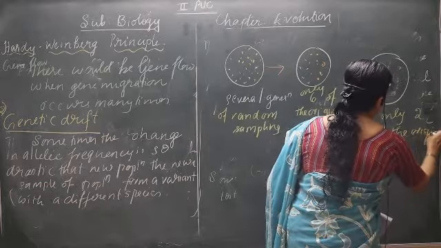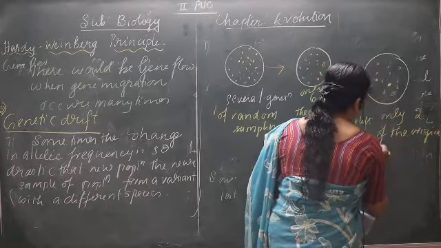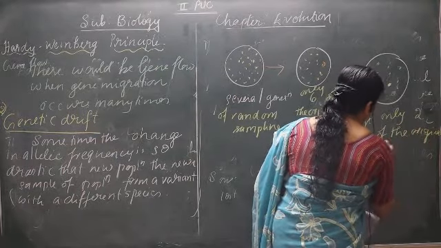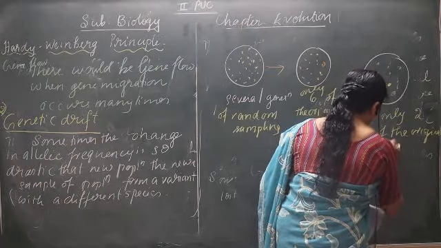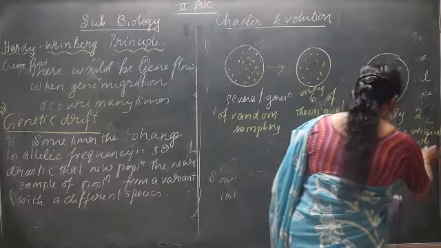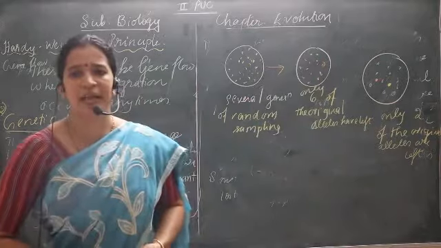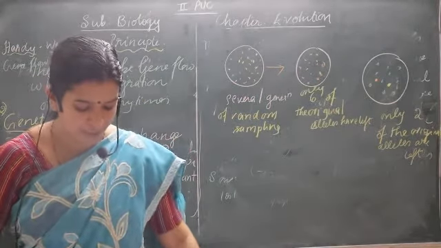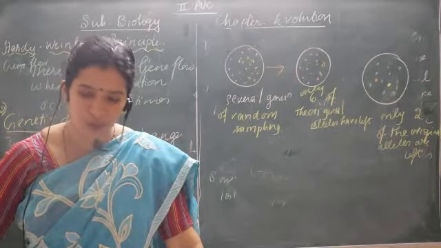So in the beginning there were many, then it came down to 6, then again it came down to 2. So only 2 of the original alleles are left.